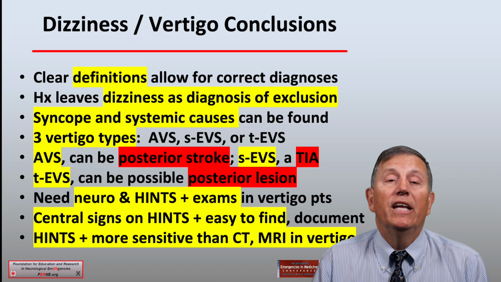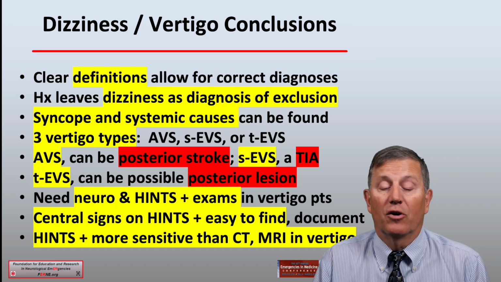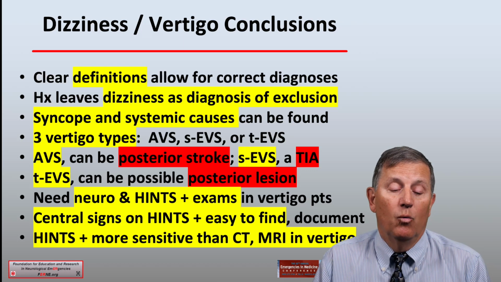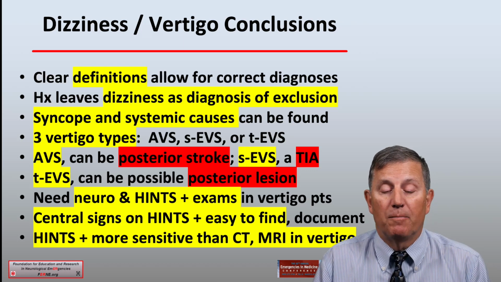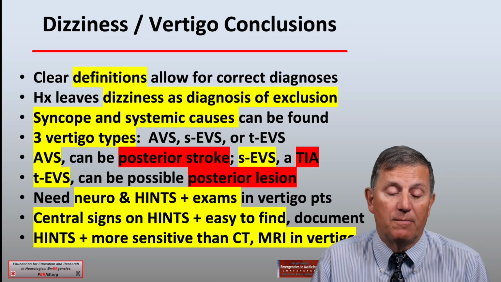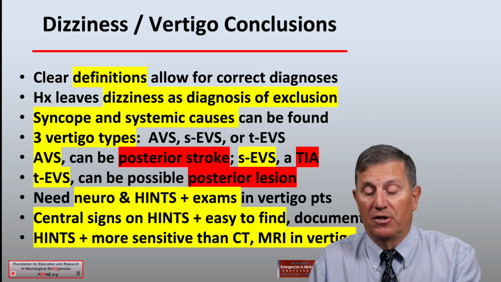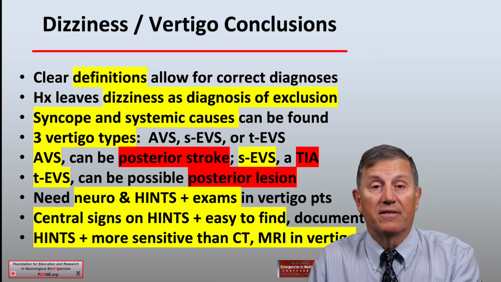And we know we need to do a neuro exam plus the HINTS+ exams in all vertigo patients. We've learned that central signs on HINTS+ are easy to find and document. And we've learned that the HINTS+ is more sensitive than CT and MRI in patients with vertigo and acute vestibular syndrome.